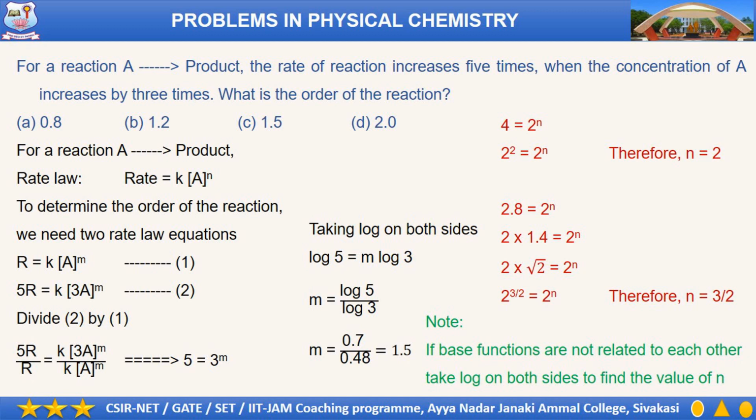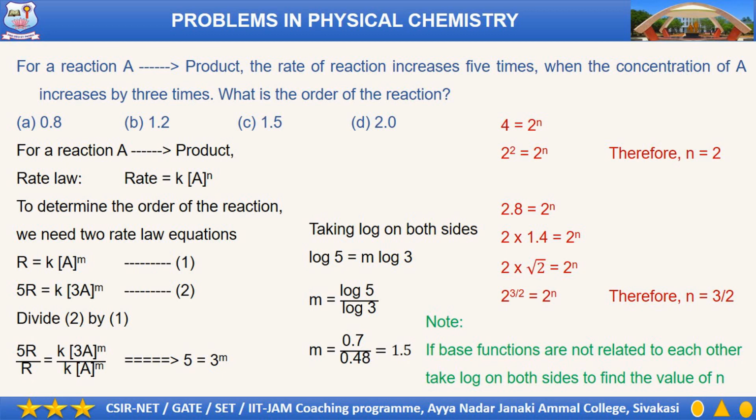The rate law for this is rate equals K into A power M, where M is the order of the reaction with respect to A. Now assume that rate is equal to R, so R equals K A power M. This is the basic equation; let us take it as the first equation.